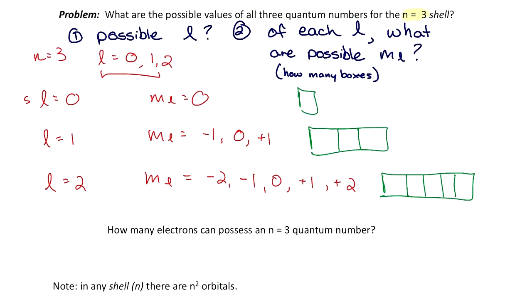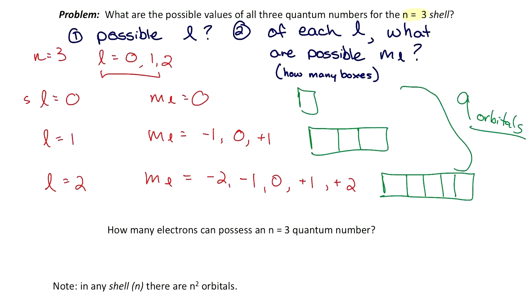If we count how many boxes there are, 1, 2, 3, 4, 5, 6, 7, 8, 9 total orbitals that we can have. Then the last idea: these boxes are places we can place electrons. So how many electrons can possess an n equals 3 quantum number?